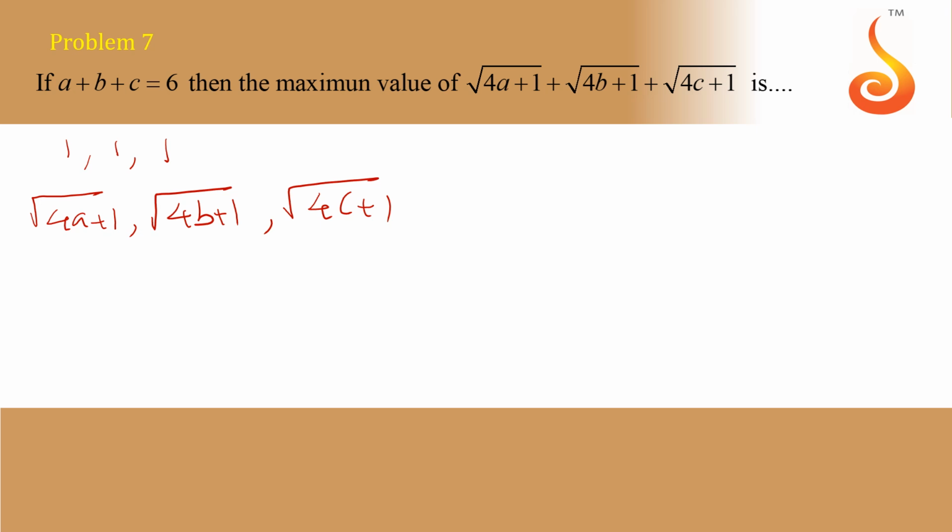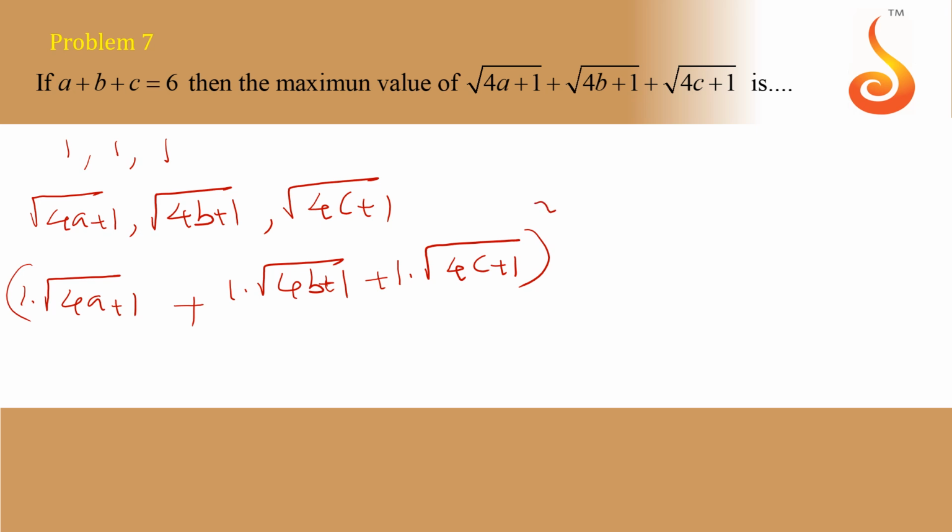Then what is Cauchy's inequality? 1 into root of 4a plus 1, plus 1 into root of 4b plus 1, plus 1 into root of 4c plus 1, whole square should be less than or equal to (a1 b1 plus a2 b2 plus a3 b3) whole square, less than or equal to (a1 square plus a2 square plus a3 square) into (b1 square plus b2 square plus b3 square).